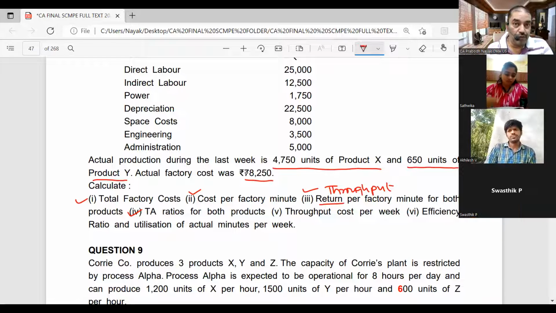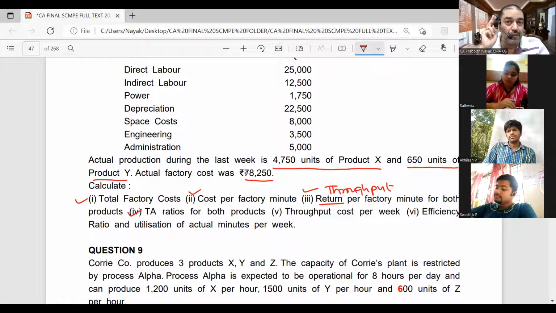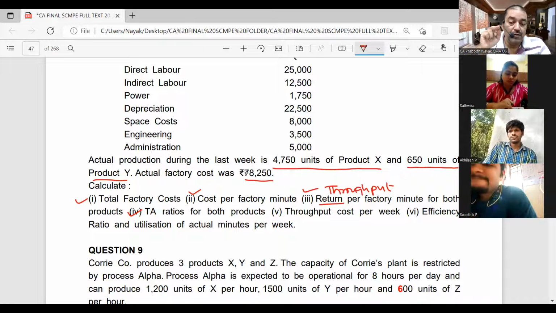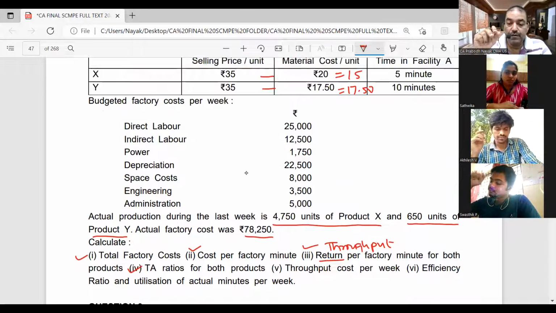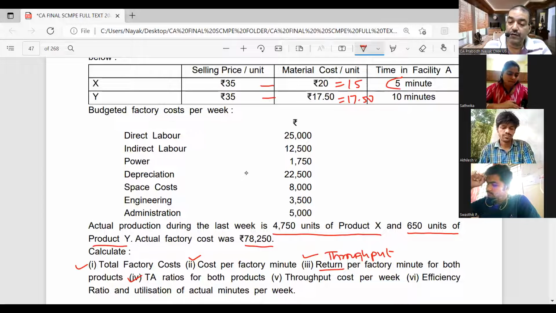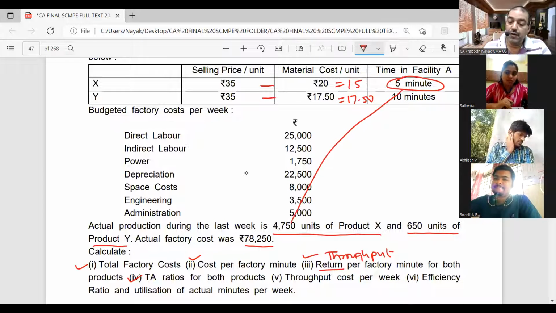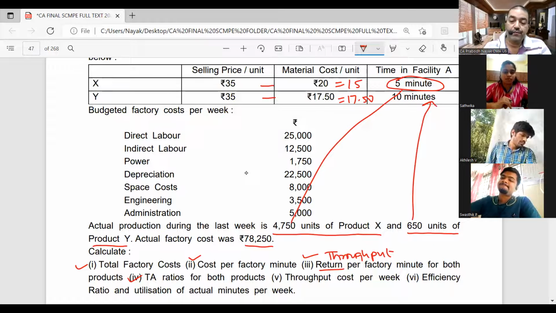But my cost is calculated per minute, 2.5 is not per unit, it is per minute. So 4,750 units multiplied by how many minutes are required? 5 minutes. So 4,750 into 5 plus 650 into 10, into 2.5.